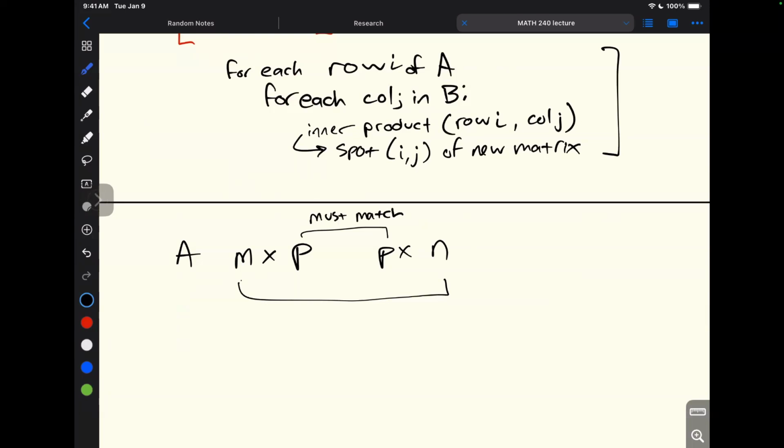So there are some matrices where the shapes are too different and you can't multiply. For us, we just did a 2 by 2 matrix multiplied by a 2 by 2 matrix. The twos match, great, and so we got a 2 by 2 matrix as a result.